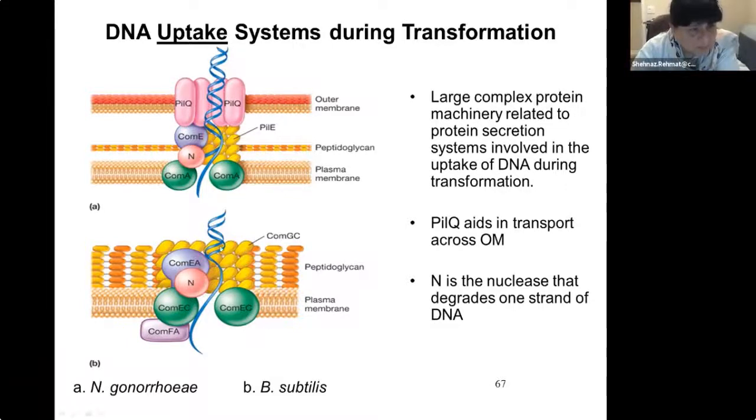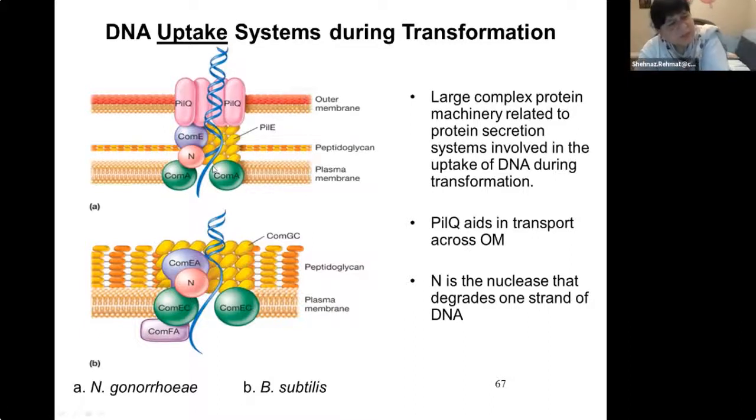This is the gram-positive bacterium cell wall. You can see there's a thick peptidoglycan and the plasma membrane as its outer coverings. And here is your gram-negative bacterium, which has an outer membrane, a peptidoglycan, and a plasma membrane. So the DNA has to go through different layers of the envelope in gram-negative and gram-positive bacteria.